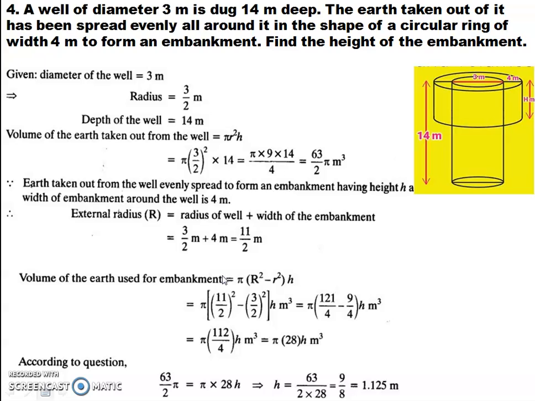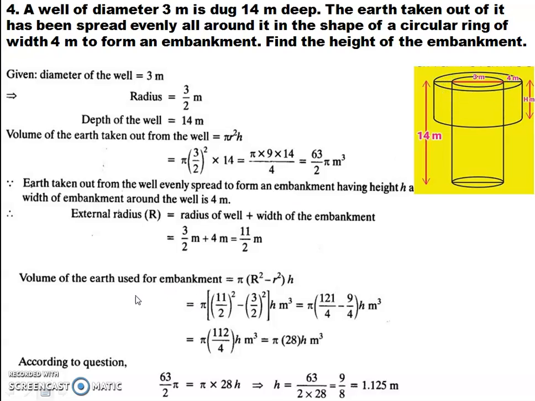Now, volume of the earth used for embankment is equal to pi into R square minus r square, h. Students, why? Because you are not putting mud here, isn't it? This is the well. So, you are putting the mud only here, this ring part.